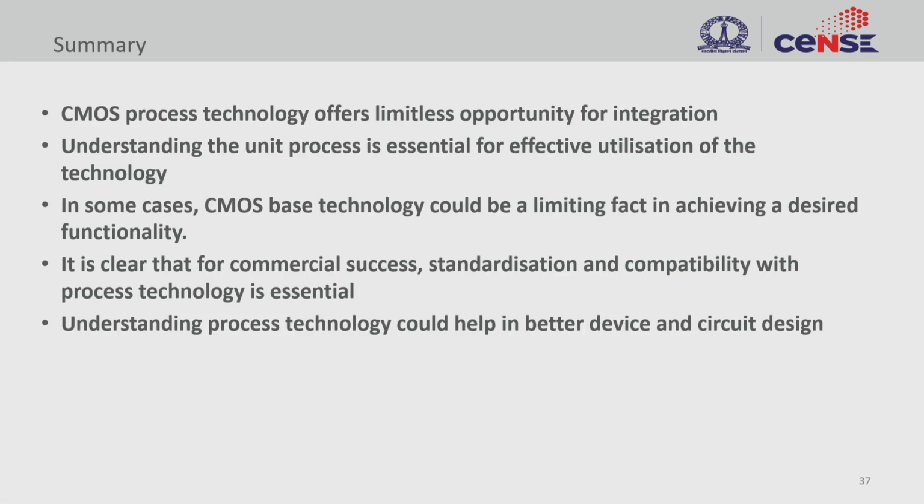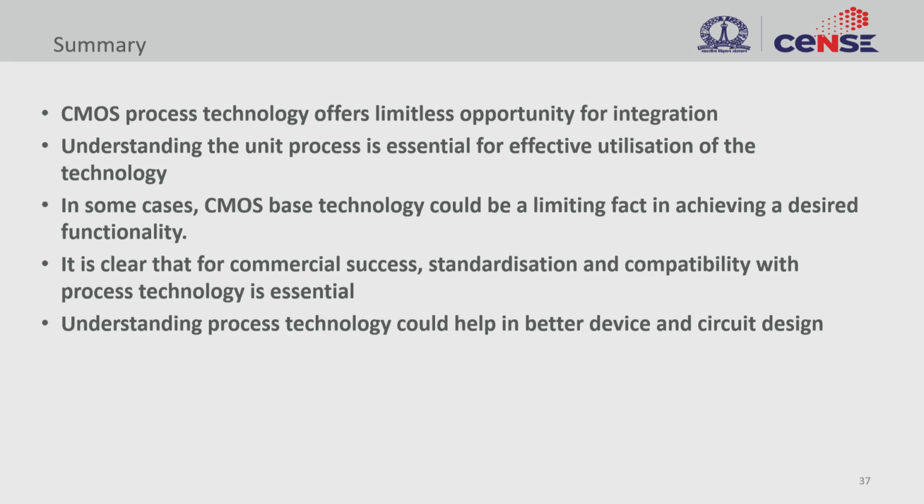So with this we come to the end of this lecture, where we have seen that CMOS technology offers a lot of integration opportunities. The main reason for this is that you create modules out of each unit process, and you make sure these modules can be used wherever you want, right, and arrange them the way that you want in order to realize the cross section that you want.